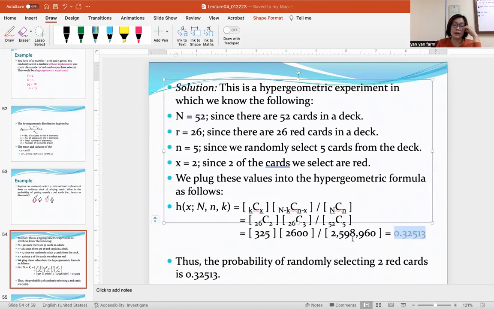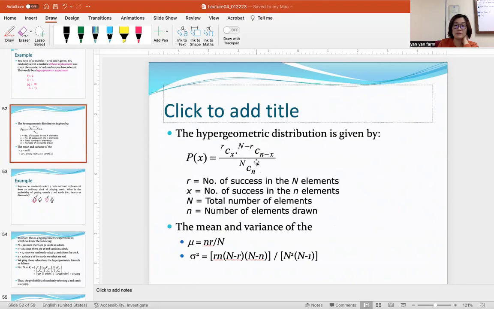So your question might be, how do I put the values in there? We can do it slowly.